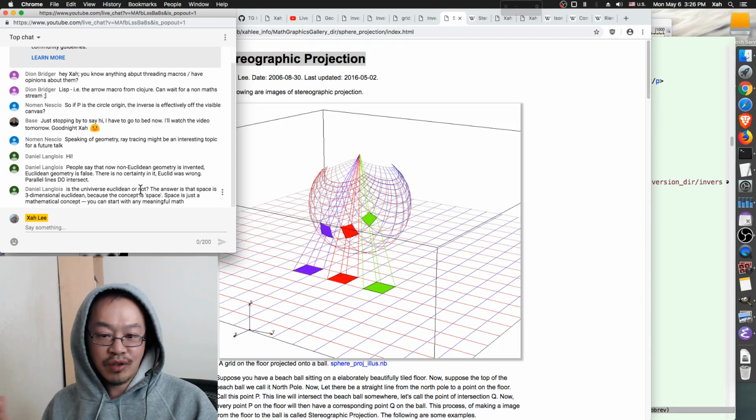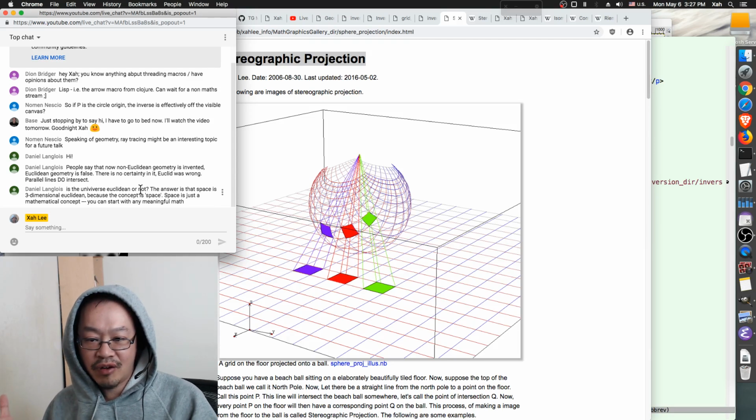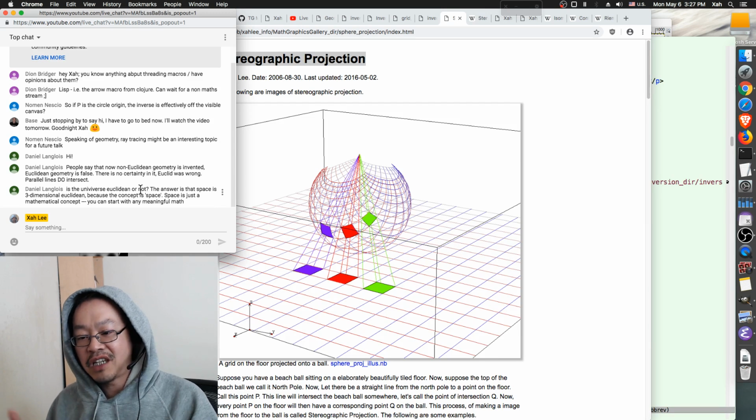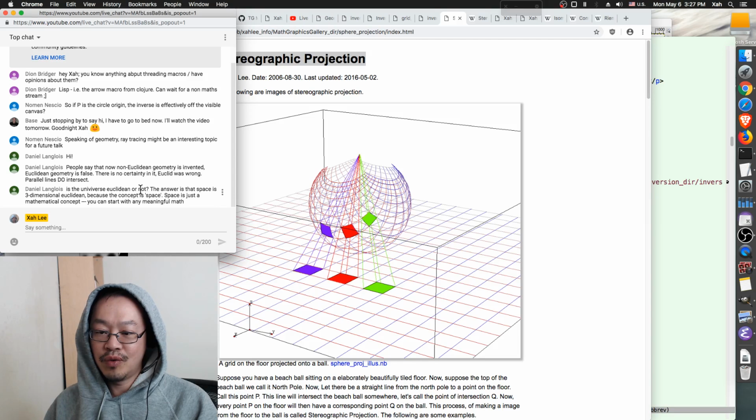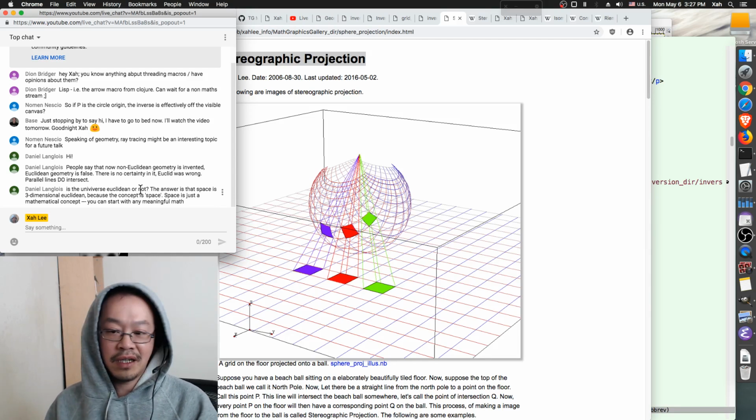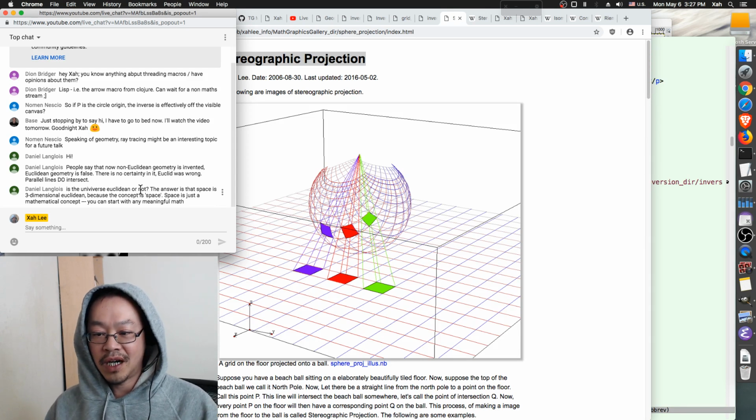So Danielle, do you actually know this math, or are you just suggesting opinions? Because if you want to discuss Euclidean or non-Euclidean geometry and whether our space is Euclidean, you have to actually know the stuff.